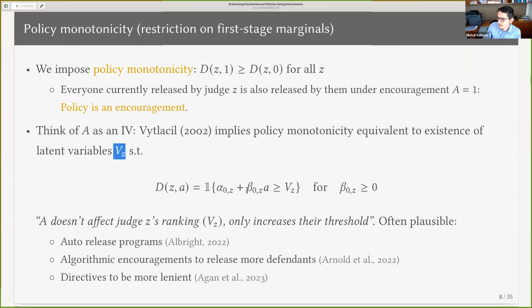And what the policy A does is only increase the threshold. It doesn't affect the ranking of the judge. That may often be plausible, for example, if the policy is some directive to be more lenient.